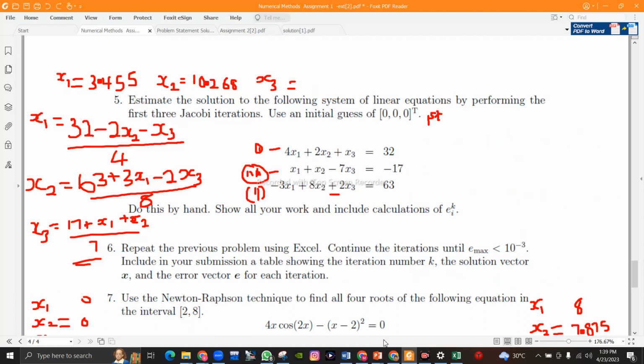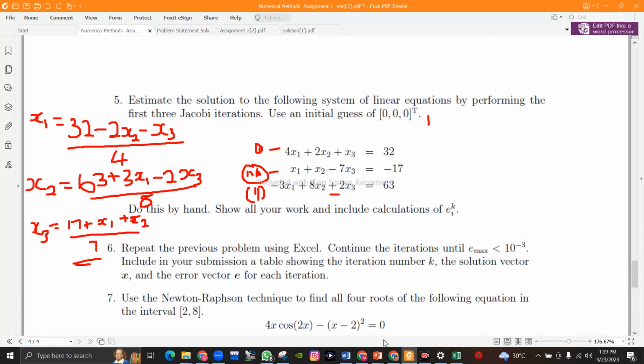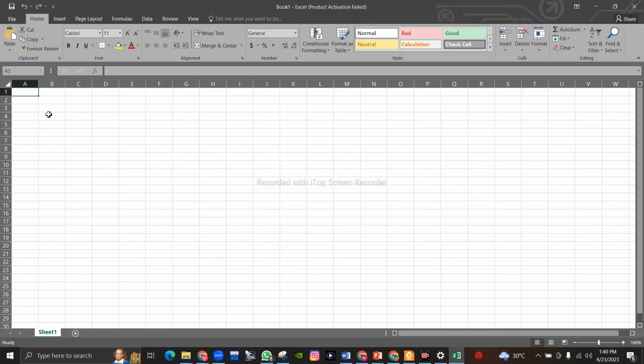We need our equation, so don't let me rub our equation off. That means we have to come back to this. We need this equation. So now we have to use what? Iteration k. So let's talk about the iteration. Let's put the iteration here as k.